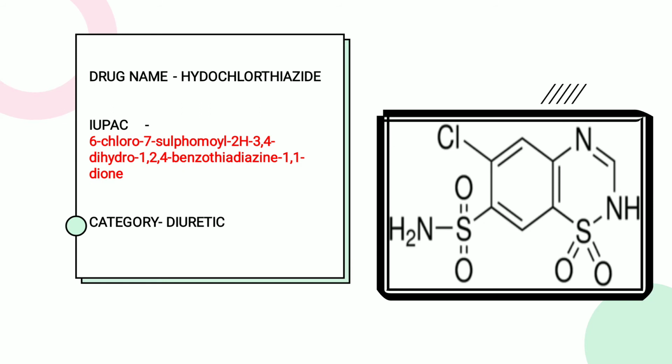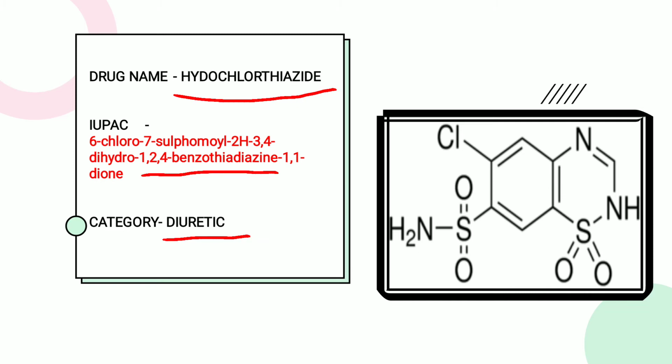Next structure. Our next structure again belongs to the diuretic category. The drug is hydrochlorothiazide. So again we first select the parent nucleus. In that ring there is no heterocyclic substitution, but if we go through the classification, there is one class, that is 1,2,4 benzothiadiazine.